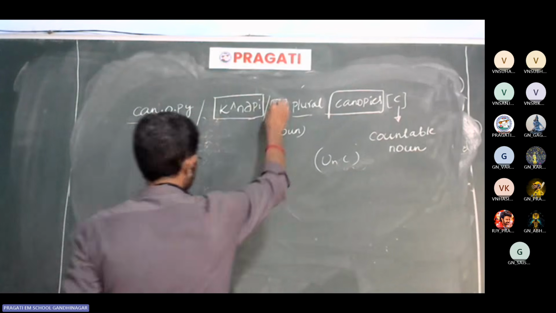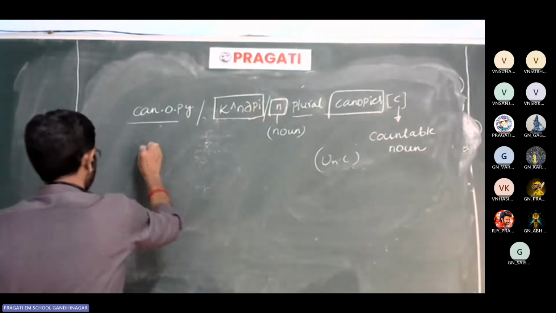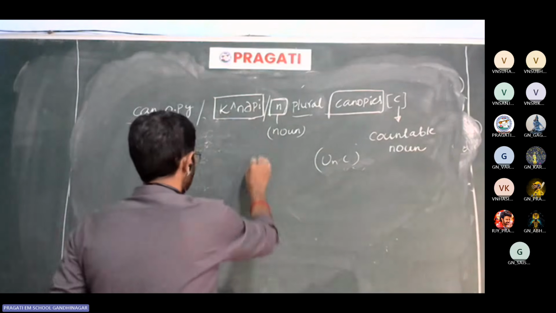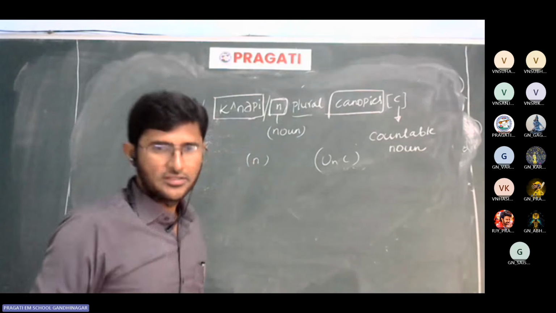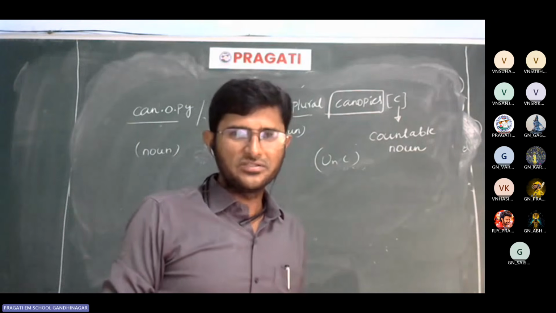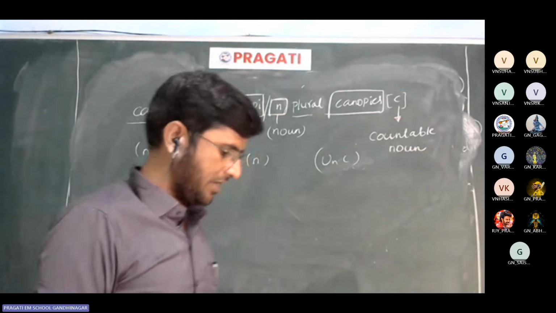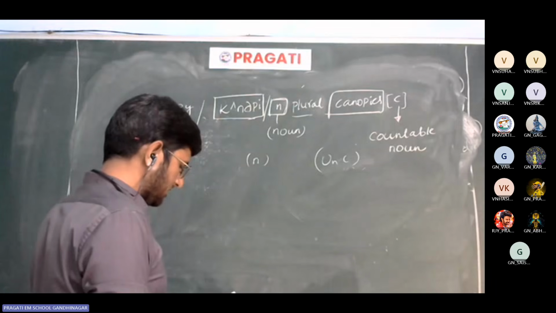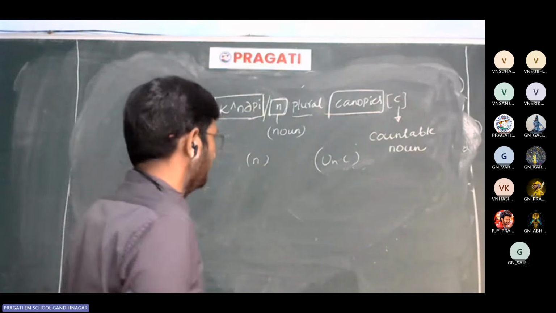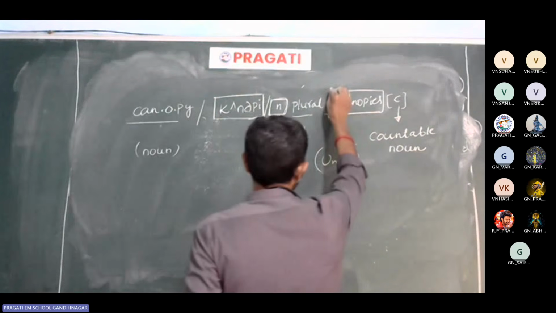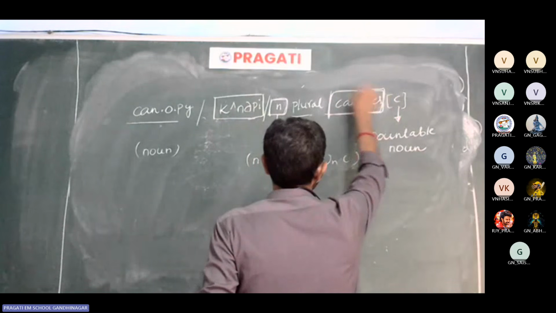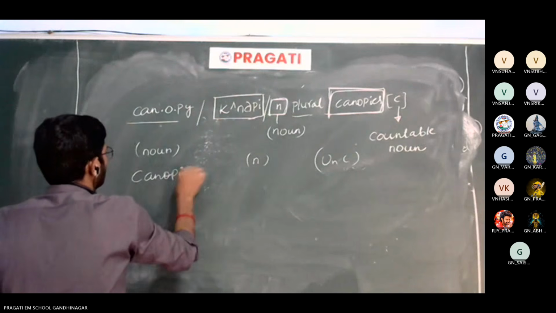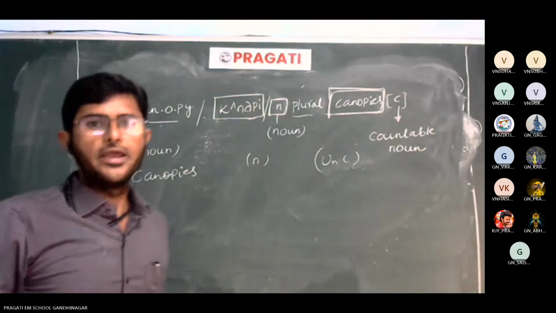N is given. So you have to write noun. You cannot simply write the letter N. You are not supposed to write the letter N. You must write noun. Okay. Second question is, what is the plural form of the word canopy? Right. So plural is given directly. Canopies, you can write here. Canopies, right?